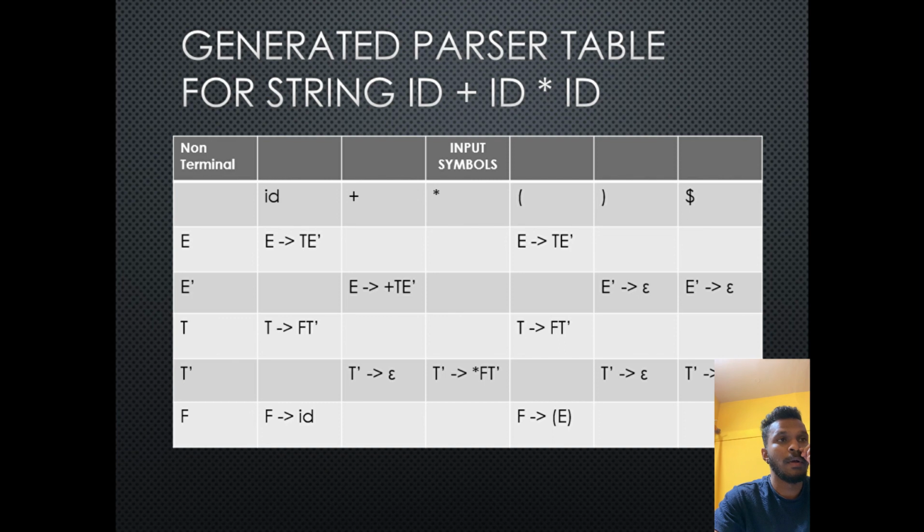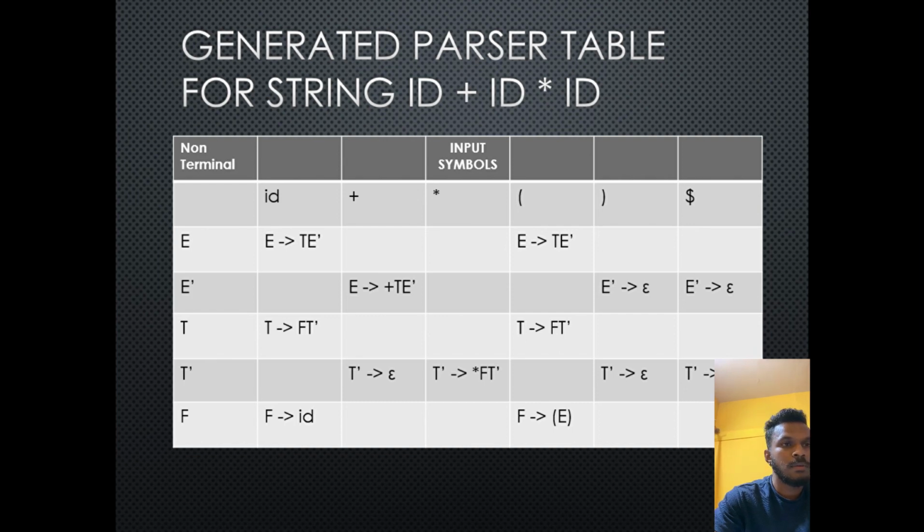This is a generated parsing table for the string id + id * id. The first column is the non-terminals and the remaining columns are the input symbols, where the predictive parsing table is created. The input symbols here are id, +, *, parentheses, and the dollar symbol.